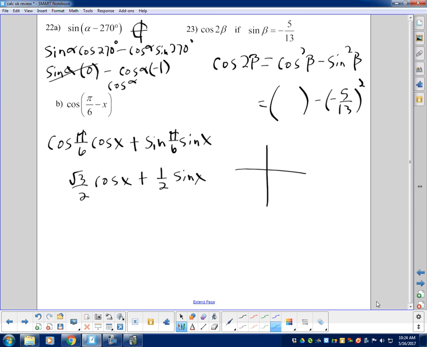And sine is negative 5/13, so let's draw it over here. So here's beta, opposite is 5, this is 13, so this is going to be 12. So that means cosine of beta is equal to 12/13, adjacent over hypotenuse. So we can put 12/13 in here, square it, and go ahead and simplify that. So it's 144 over 169 minus 25 over 169, which is 119 over 169.